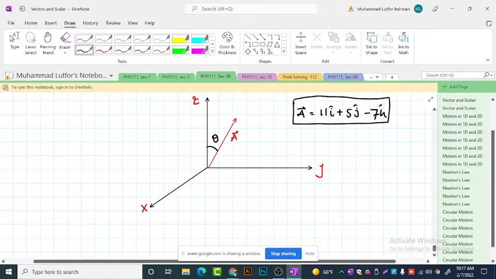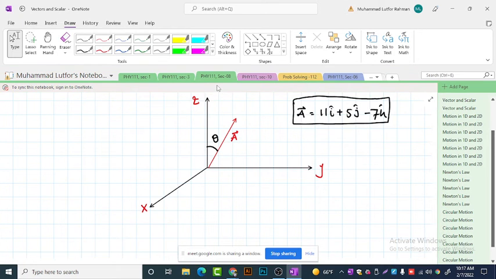So the vector I drew over here is not the actual vector, it would be different, because I need to redraw that one according to this vector.